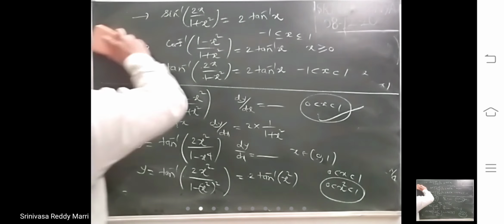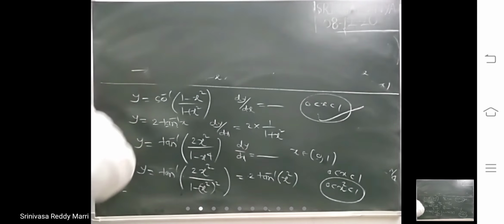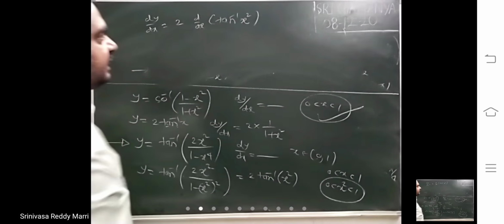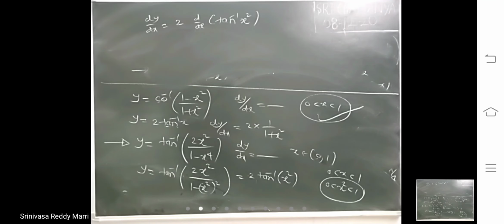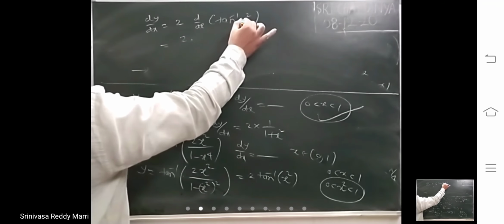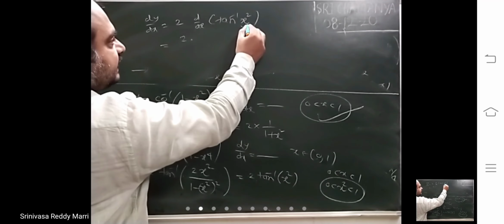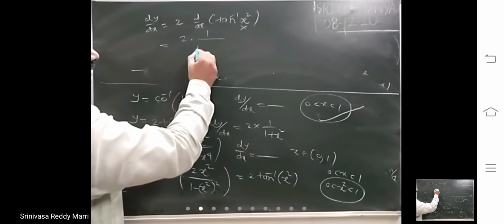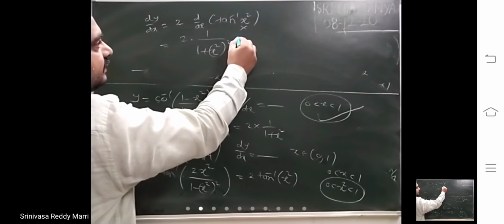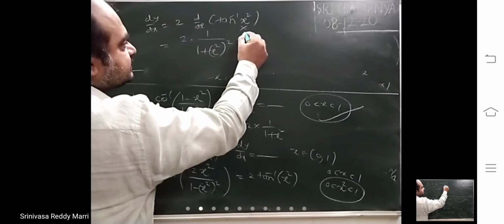That means now you can write dy by dx. That is not dy by dx, that is the function. dy by dx equals 2 into the derivative of tan inverse x square. 2 into 1 by 1 plus x square whole square, into the derivative of x square, 2x.